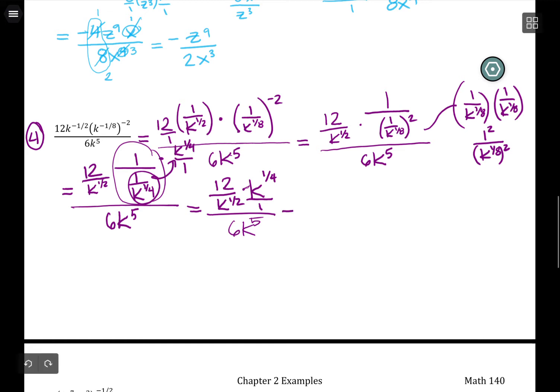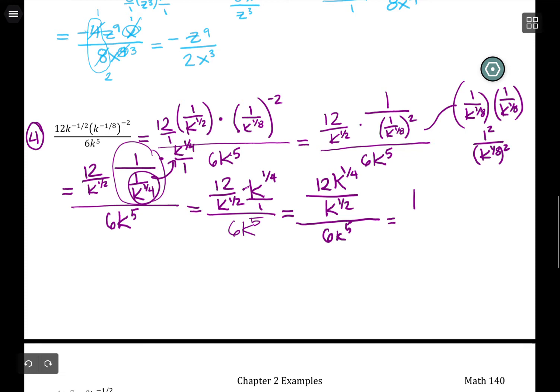Okay, so I'm going to go straight across on the top. That's a 12k to the 1/4 over k to the 1/2, all over 6k to the 5th. Okay, so in the top of that fraction, I have k to the 1/4. On the bottom, I have k to the 1/2.